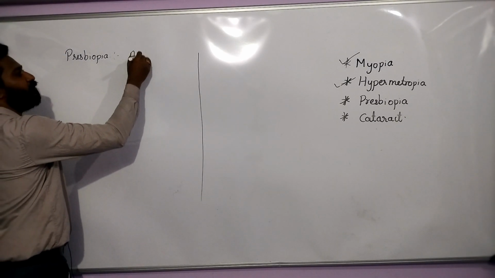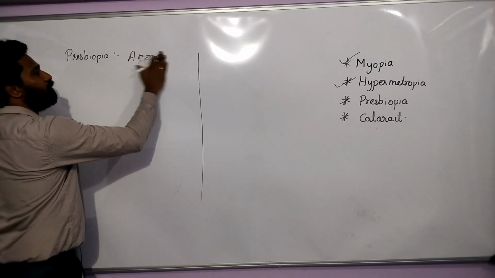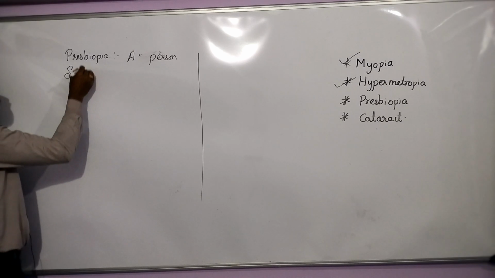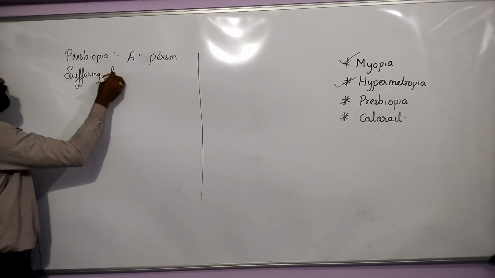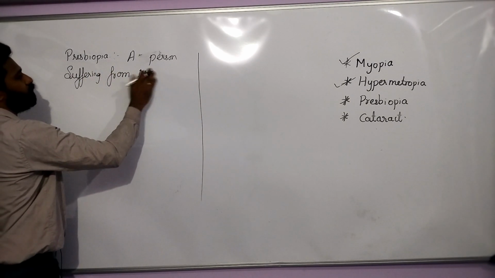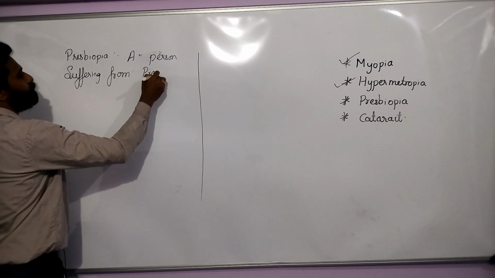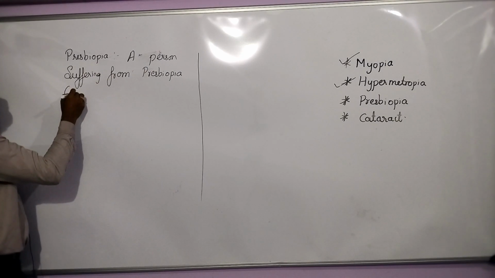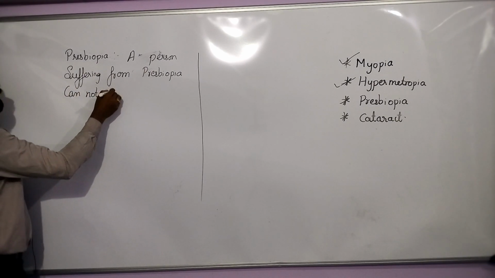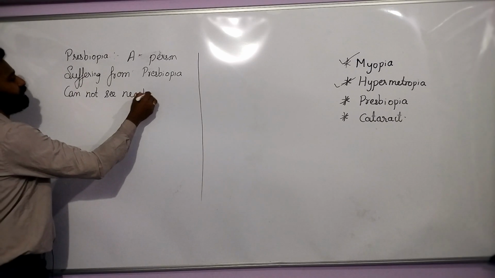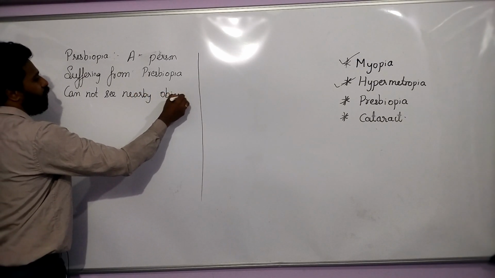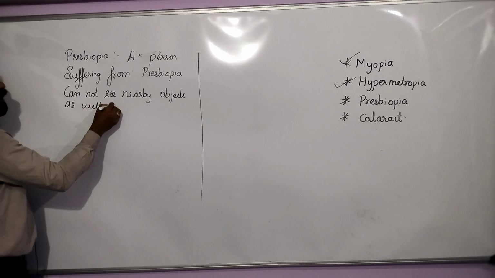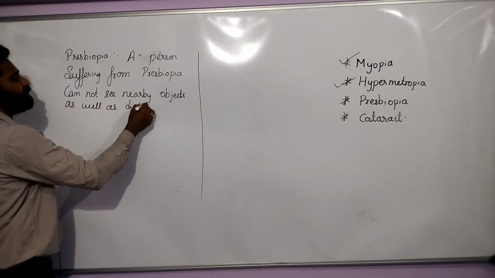A person suffering from presbyopia cannot see nearby objects as well as distant objects.